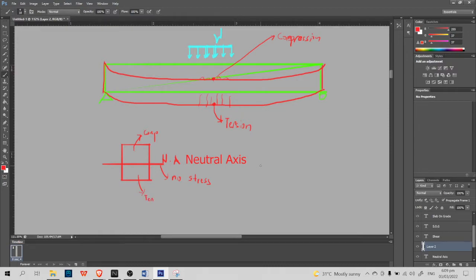For you to determine the stresses of the beam, we have a formula, F, or flexural stress, is equal to M times Y divided by the moment of inertia. So, ito, yung M is the moment applied, moment at that section, and yung Y is distance.